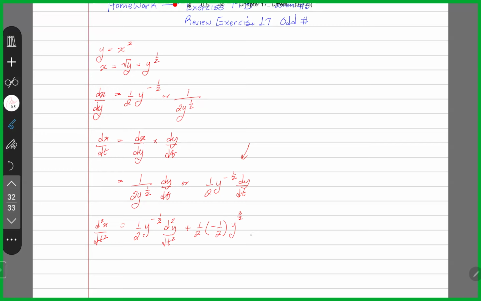And we need to differentiate y with respect to t. We get dy by dt, leave the second, which is dy by dt.